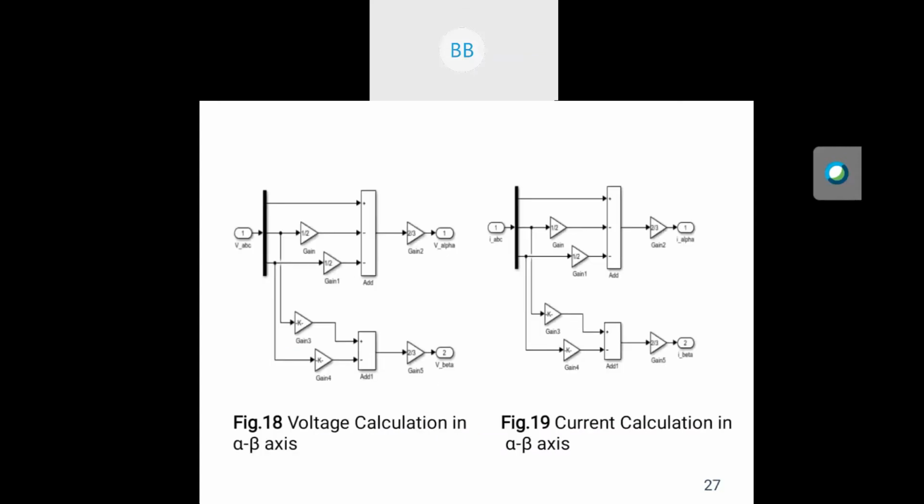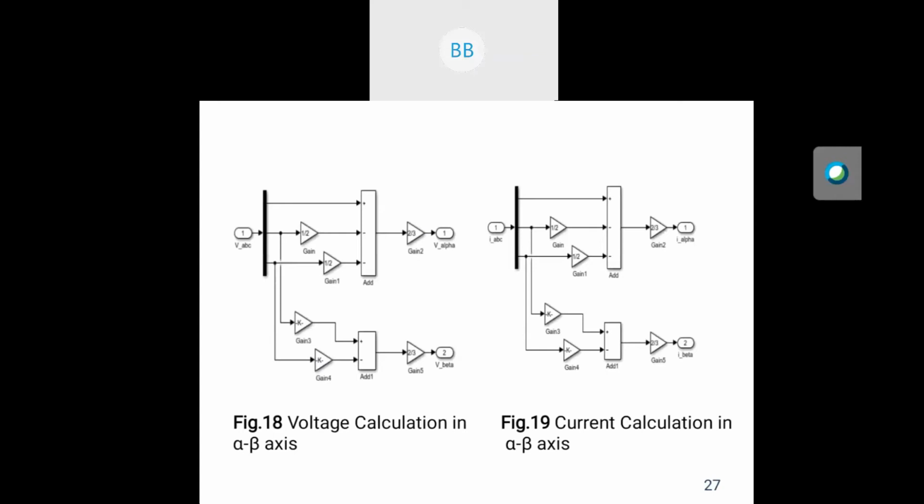After that, figure 18 shows voltage calculation in alpha beta axis, and figure 19 shows current calculation in alpha beta axis. These two simulated diagrams are also designed by using the equations of V alpha, V beta, and I alpha and I beta.